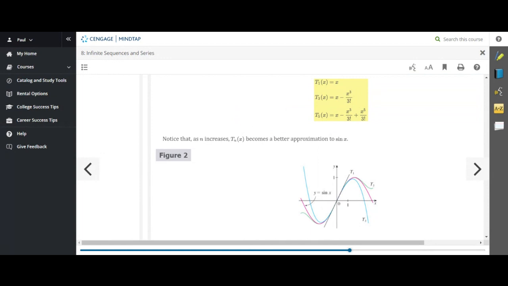Now all the polynomials agree perfectly with the sine of x at x equals 0. Of the three polynomials, T1, T3, and T5, as you move away from x equals 0 along the x-axis, which Taylor or Maclaurin polynomial does the best job in approximating the sine of x? T1, T3, or T5?